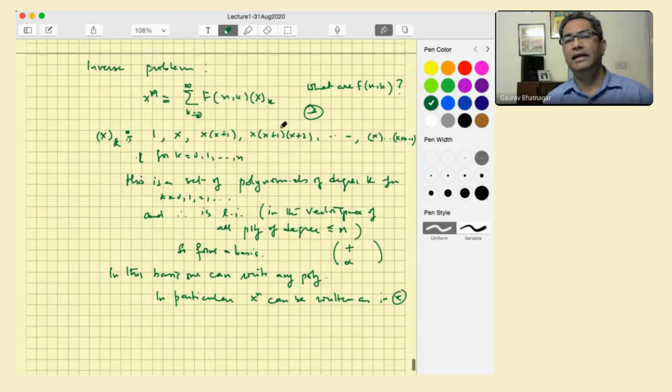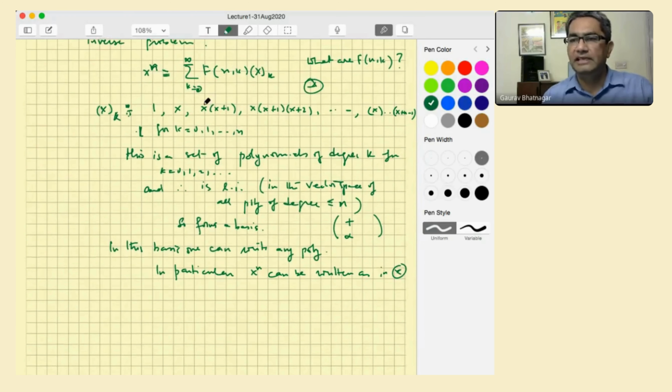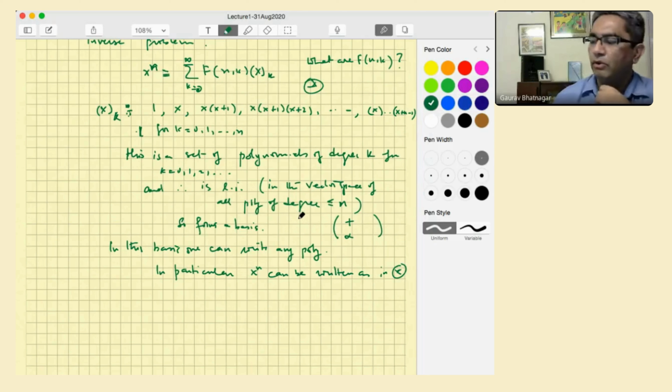So it's an inverse basis. It's a basis transformation matrix in some sense, and then you can extend it by induction to infinite degree. So you can extend it to all polynomials of finite degree.